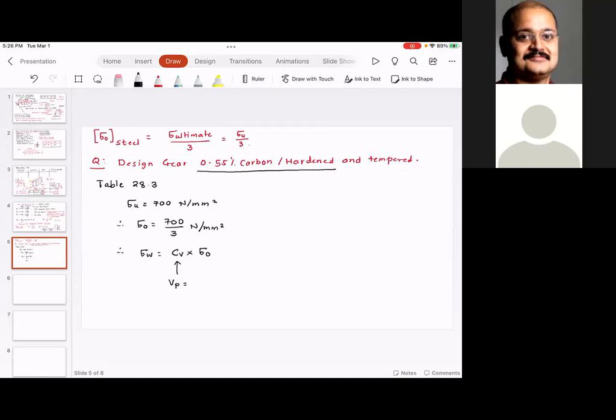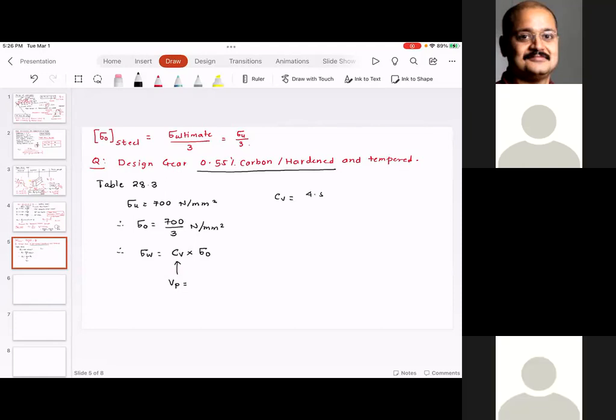So velocity factors for different types of gears: CV is equal to 4.5 divided by 4.5 plus V for carefully cut gears.